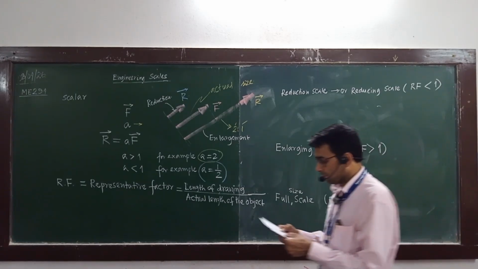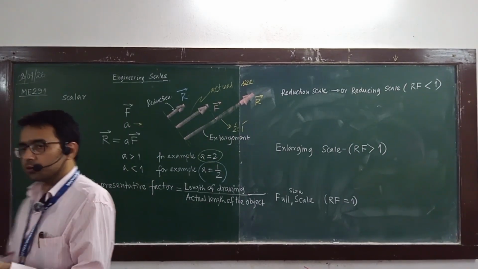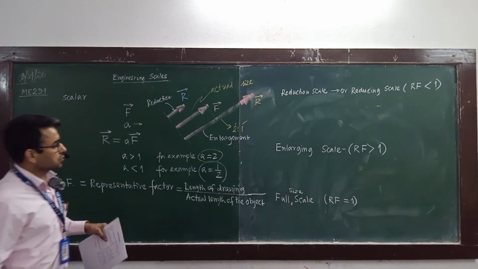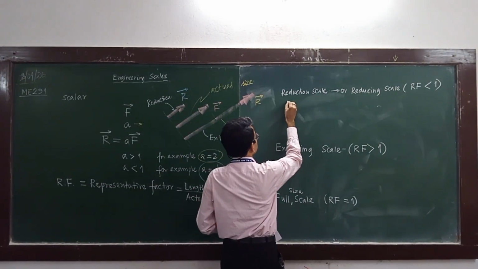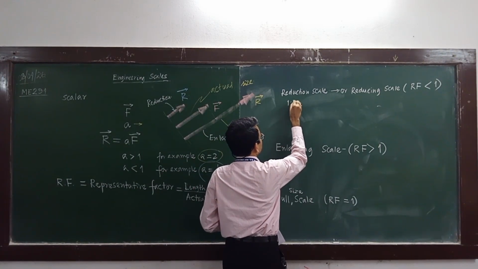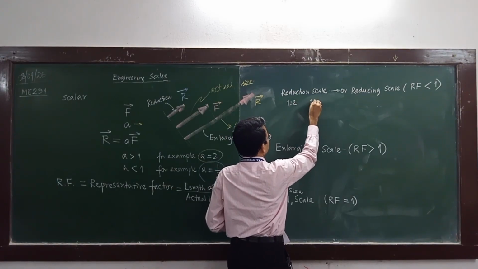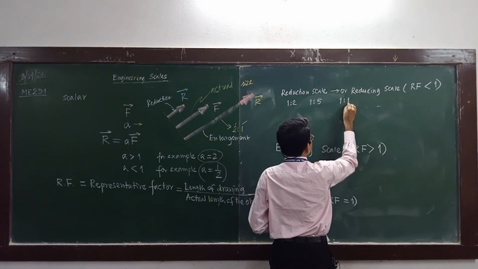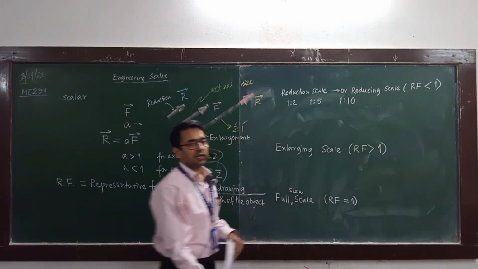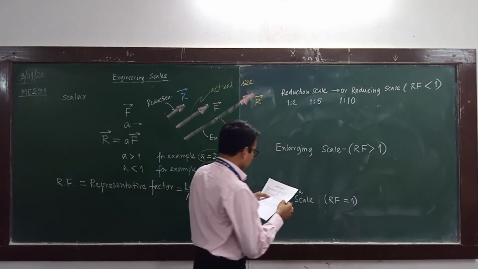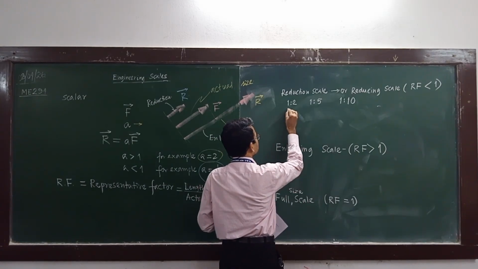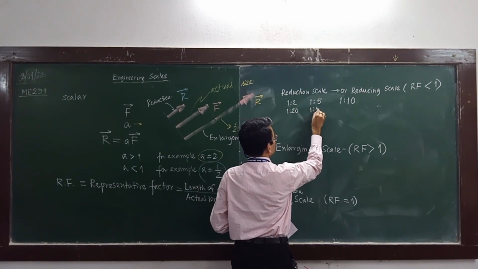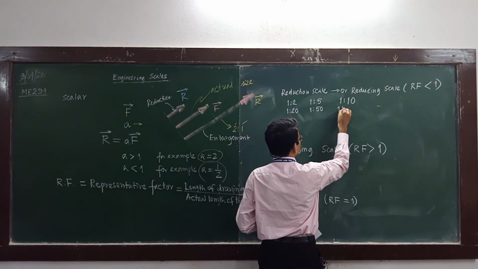Like 1:2, then 1:5, 1:10, like that. Again, for example 1:20, 1:50, 1:100.